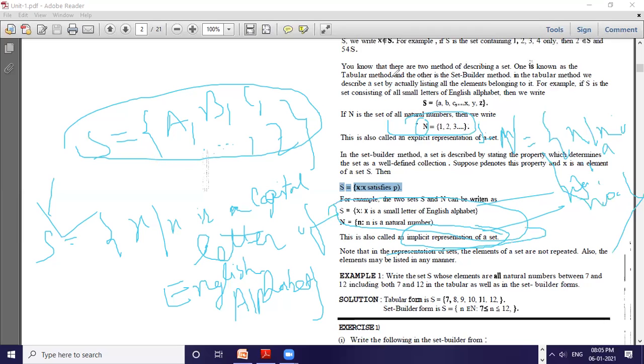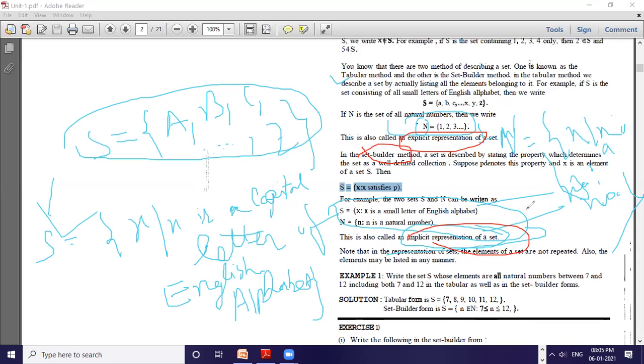Just like in the tabular method, we call it what? We call it the explicit representation of a set for our tabular method, and for our set builder method, we'll call it the implicit representation of a set. Got it? Okay? Is this clear? So these two are very important.